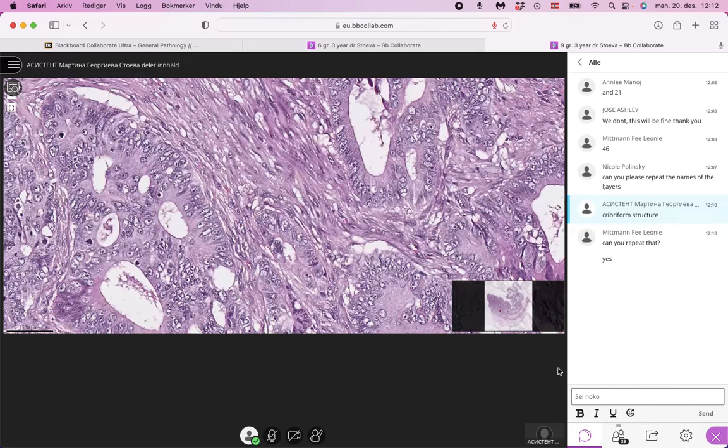About staging, I will repeat again that for staging, the TNM system is used.